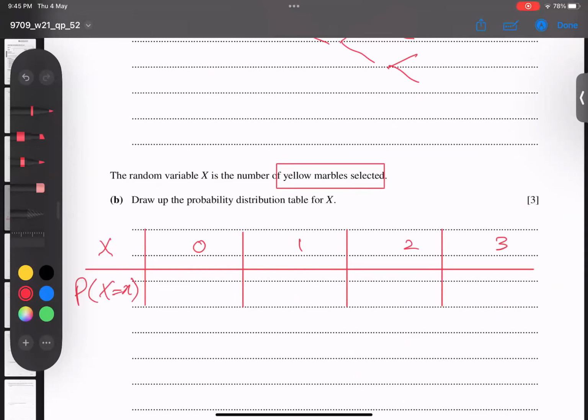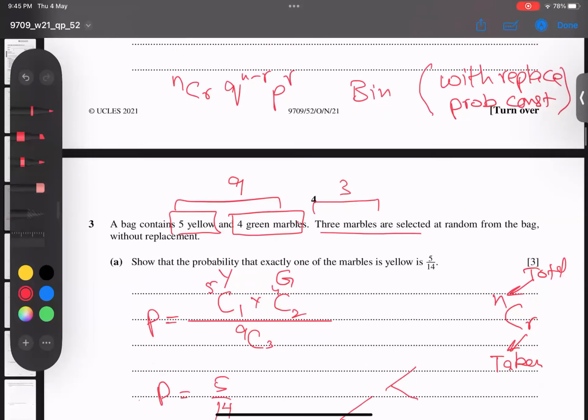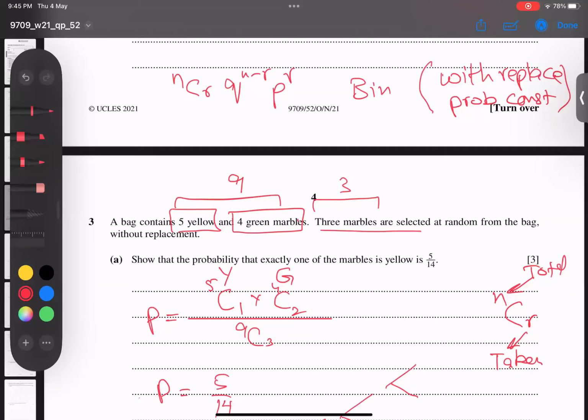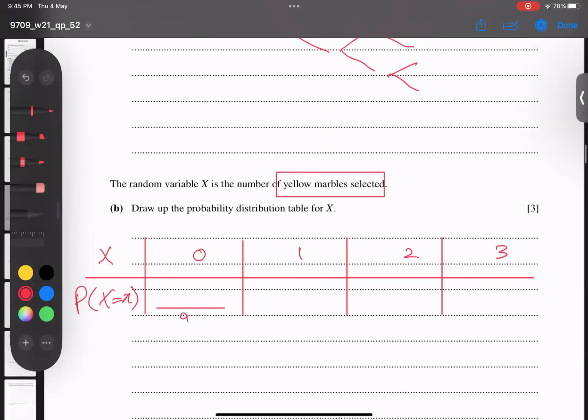So I think we can do it directly. Have a look, students. What is the method I taught just now? Let me write the numbers: 5 yellow, 4 green, total 9. So 9C3 will come in the denominator for all options, because I have to select or choose 3.